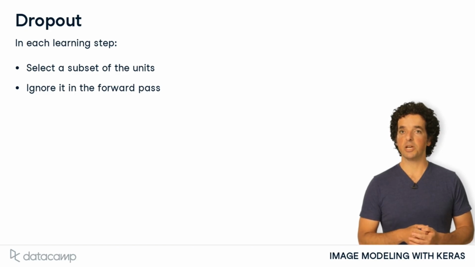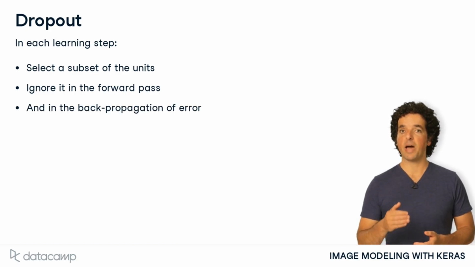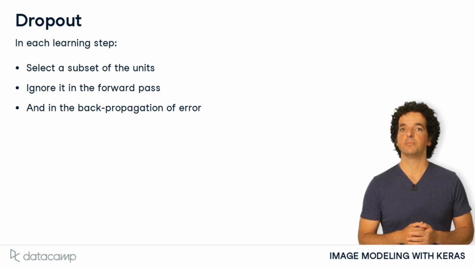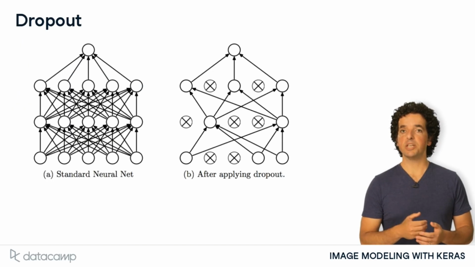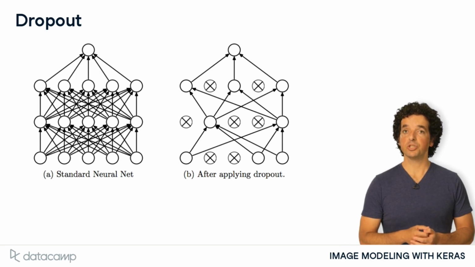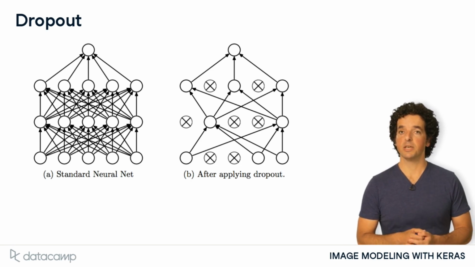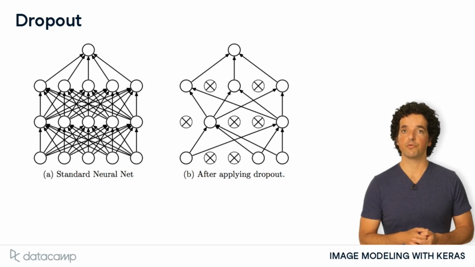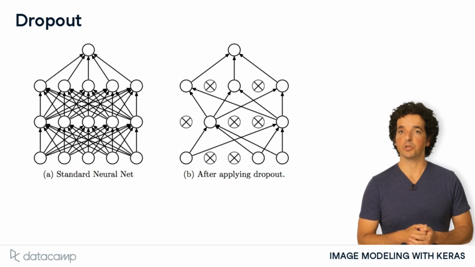This group of units would be ignored both on the forward pass through the network as well as in the backpropagation stage. Here is an image that explains this idea from the original paper by Nitish Srivastava and his colleagues that introduced this idea in 2014. On the left is a fully connected network, and on the right is this network with dropout applied to it during one step of training.